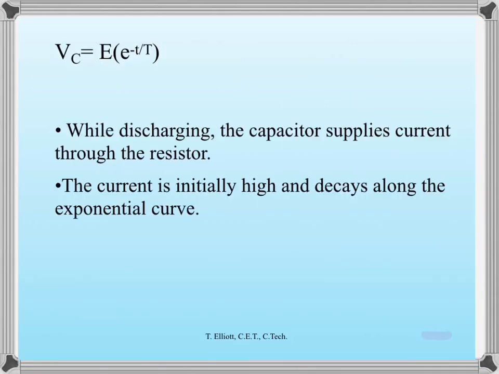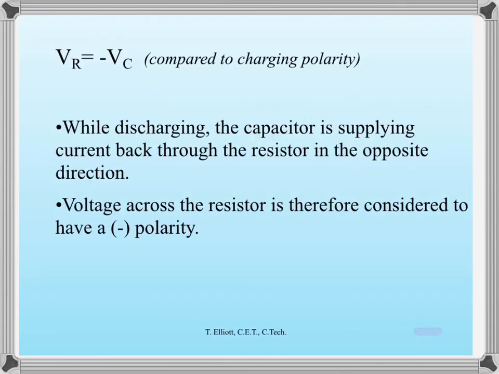When you're discharging, again, this is the exact exponential equation. We'll talk more about it later, but that's basically the basic operation. This note here is saying that the current is going the opposite way through the resistor when discharging, so the voltage must have the opposite polarity.